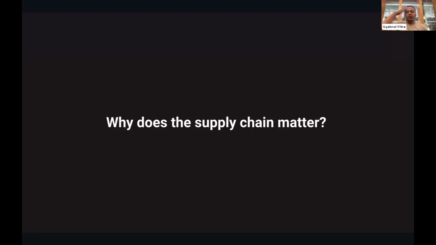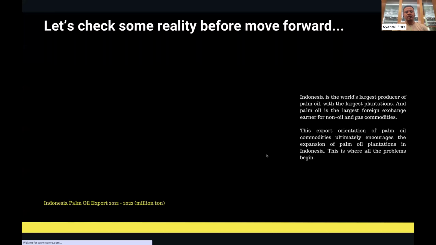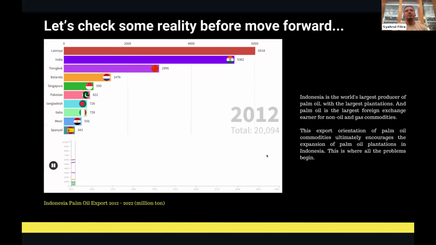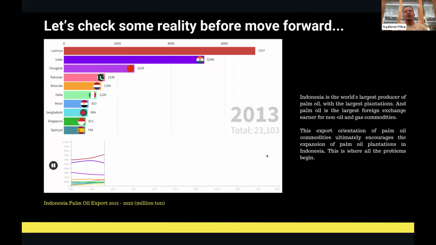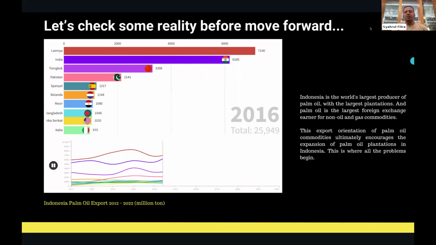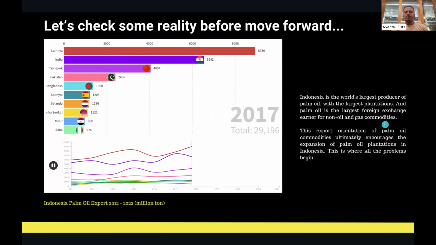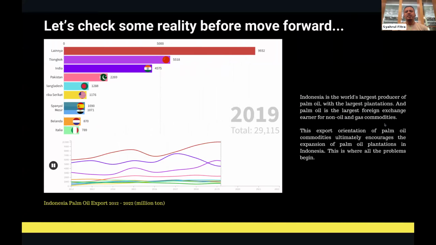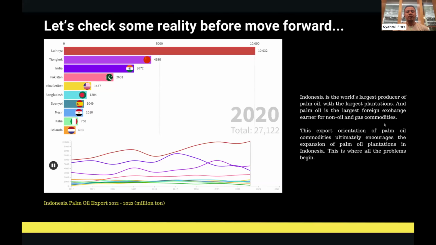It matters because palm oil is one of the major deforestation drivers in Indonesia. And for Indonesia, palm oil itself is important because Indonesia is one of the biggest contributors of foreign exchange, and this is the most significant commodity for Indonesia.